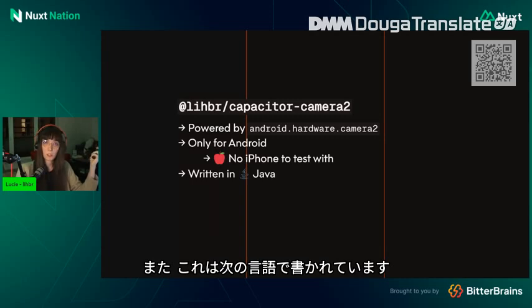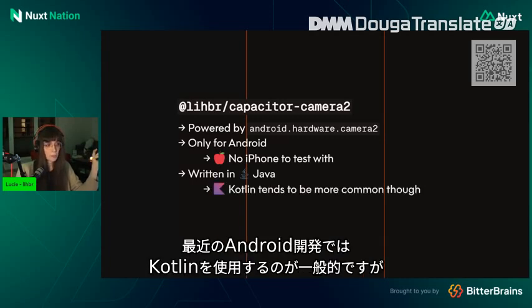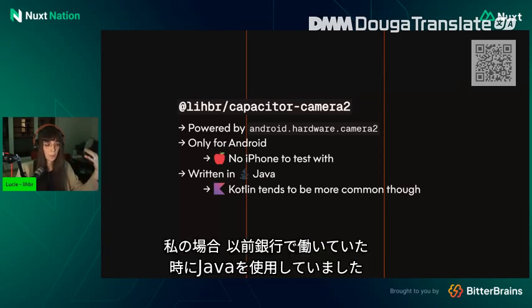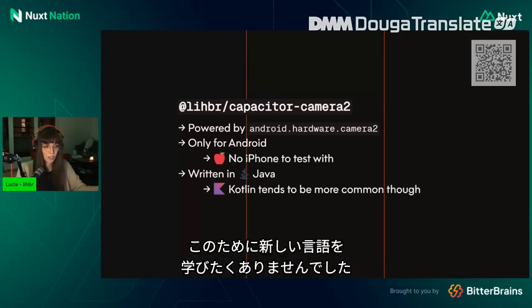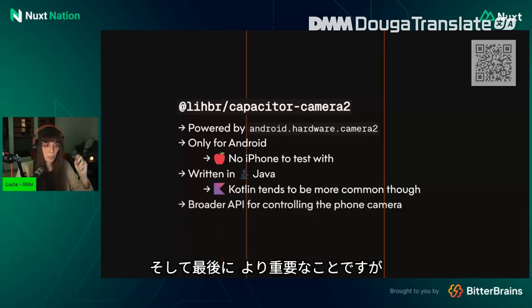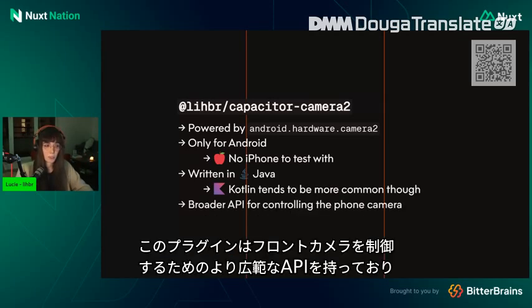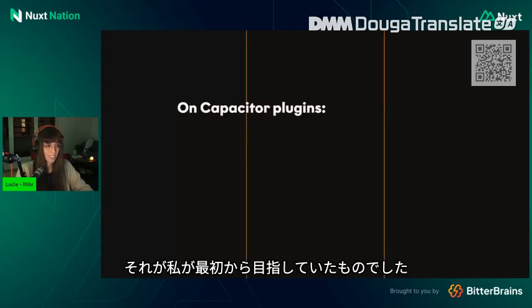Also, it's written in Java. It's more common these days to use Kotlin for Android development, but I worked at a bank before. We were using Java there, so I was more at ease with Java, and I went with Java. I didn't want to learn a whole new language for that. And finally, and more importantly, this plugin has a broader API for controlling the phone camera, which is what I was after to start with.